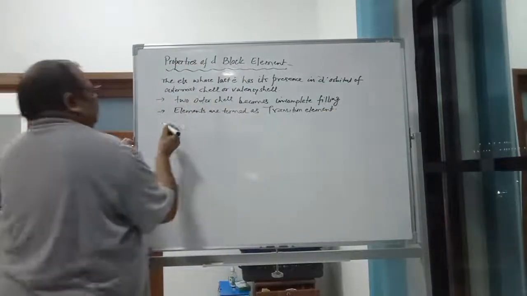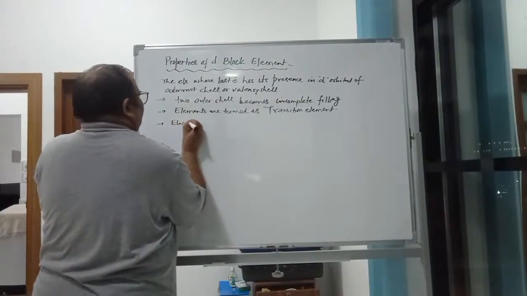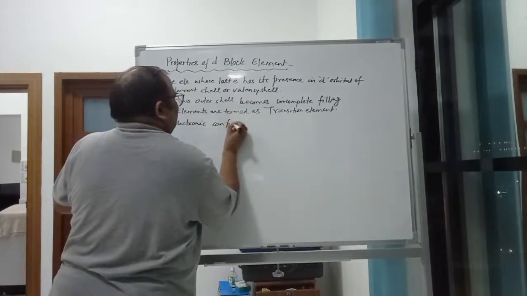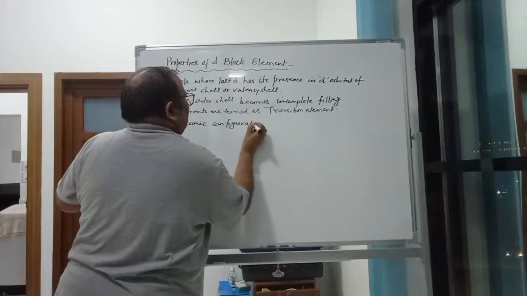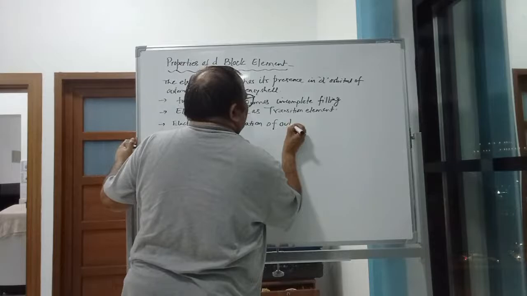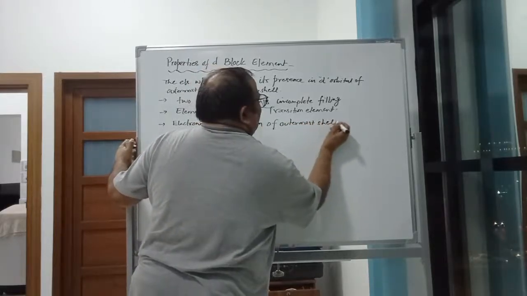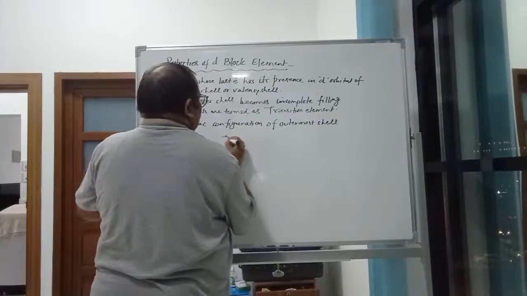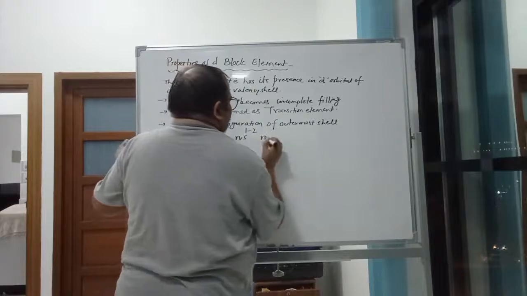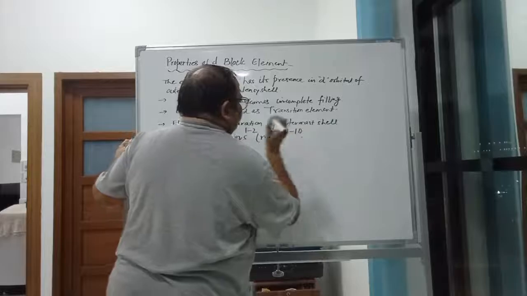Now see the properties. The electronic configuration of the outermost shell will be what? ns 1 to 2, (n minus 1) d 1 to 10.